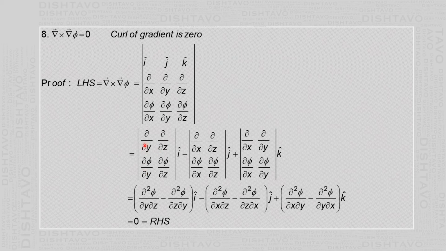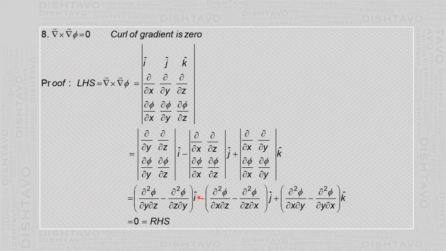So here ∂/∂y of ∂φ/∂z, which is nothing but ∂²φ/∂y∂z, minus ∂/∂z of ∂φ/∂y, which is ∂²φ/∂z∂y, and that i cap comes as a multiple.